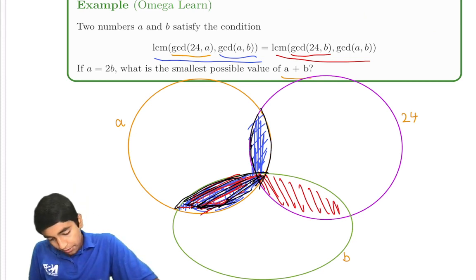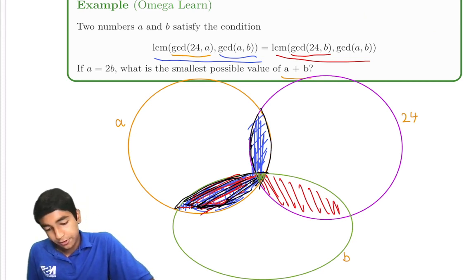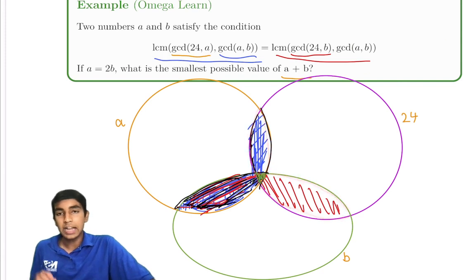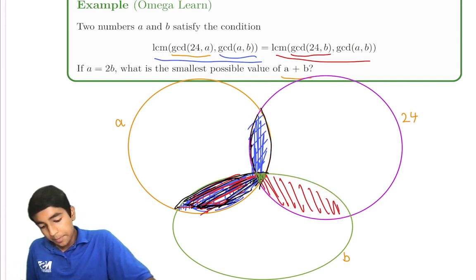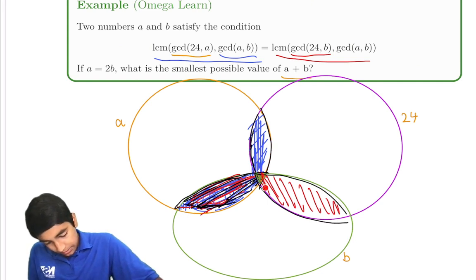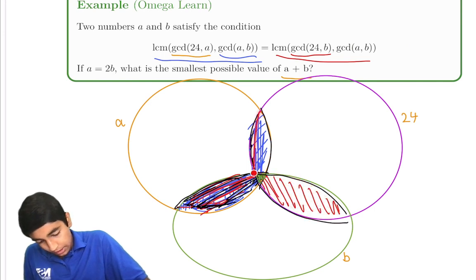So if all of those prime factors remaining must be the same, what else does that mean? Notice how this part in the center is common to both regions anyway. Because that center region is common to both regions anyway, we can also just say that the prime factors in this area over here are the same as the prime factors in this area over here.